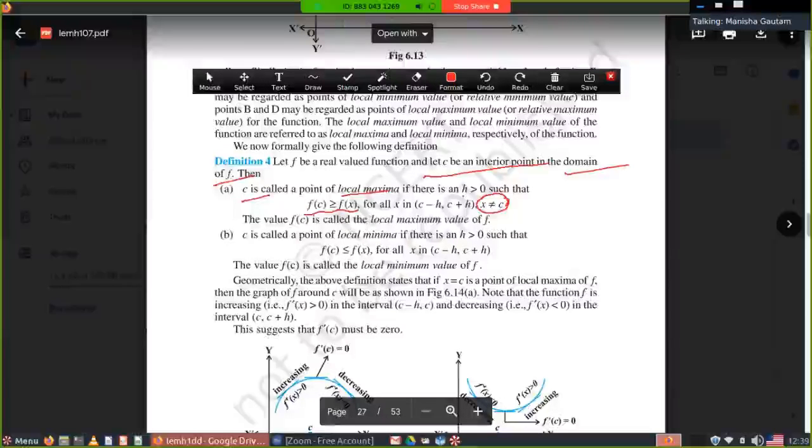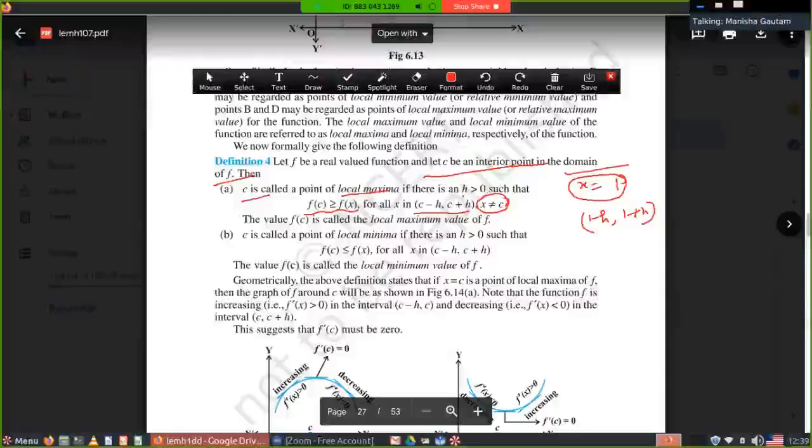What's the meaning of this very near interval? It means, if I'm talking about x equal to, suppose, 1, at 1 I want to check the maxima or minima at that point. Then I have to create an interval, 1 minus h and 1 plus h, one small interval.